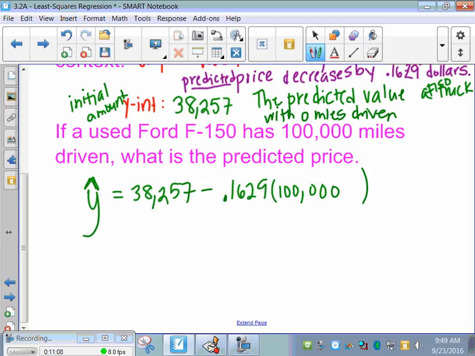Okay, evaluate that, you guys, and tell me what you get. 21,000 what? $967. So the value of, actually, what should we say? The predicted value of a 100,000 mile car, Ford F-150, is $21,967.